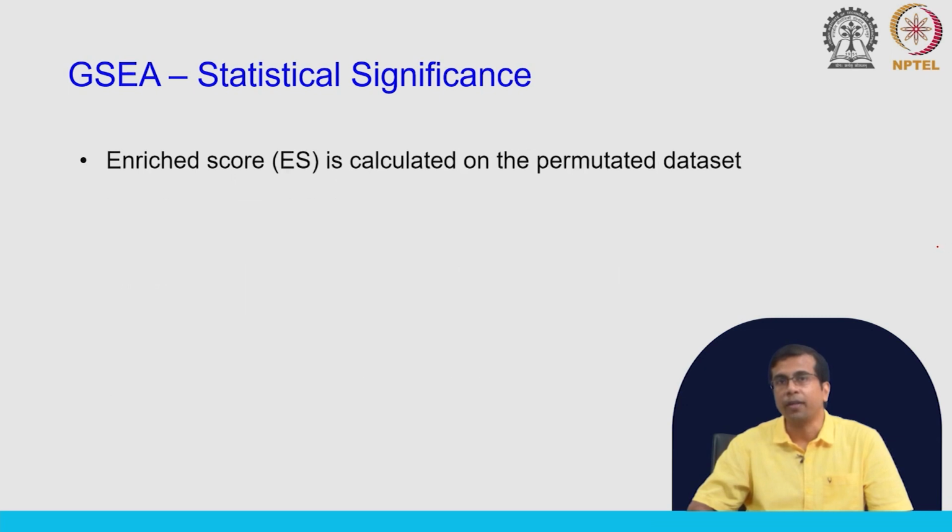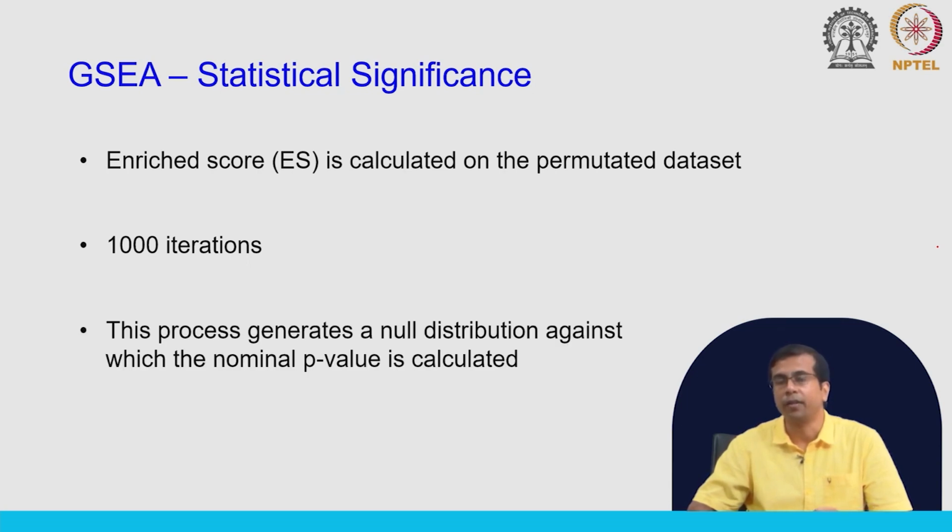Once you have done this permutation, this generates something called a null distribution. You perform this permutation process usually 100 to 10,000 times, and 1000 iterations is recommended by GSEA. This will generate the null distribution against which you can calculate the p value.